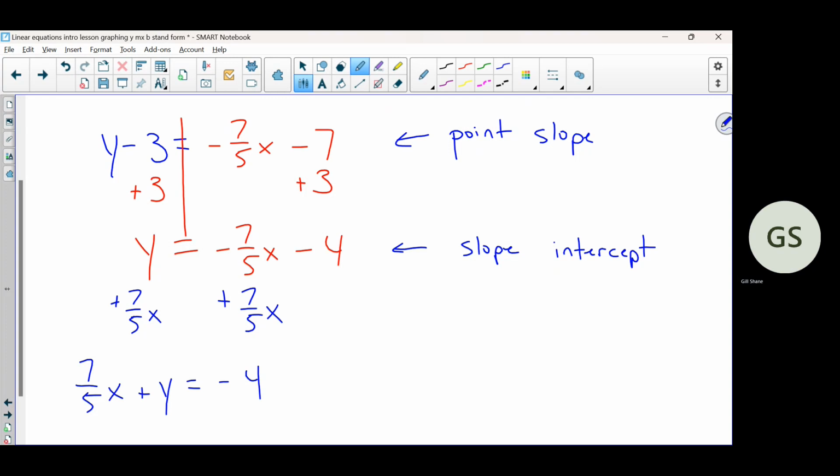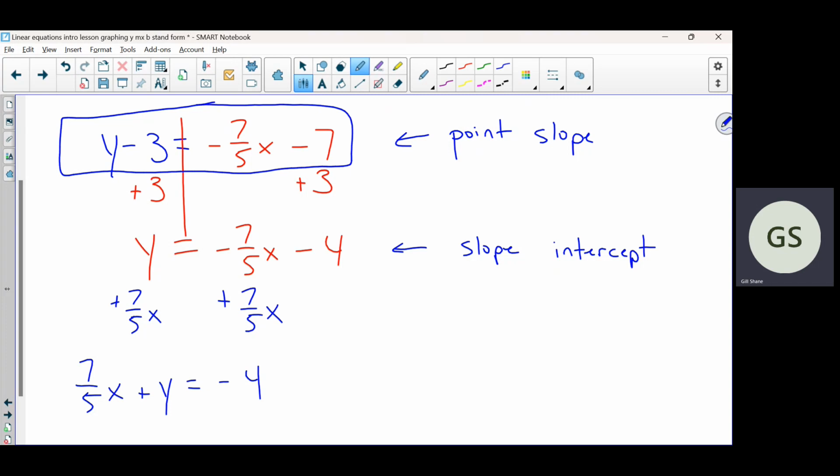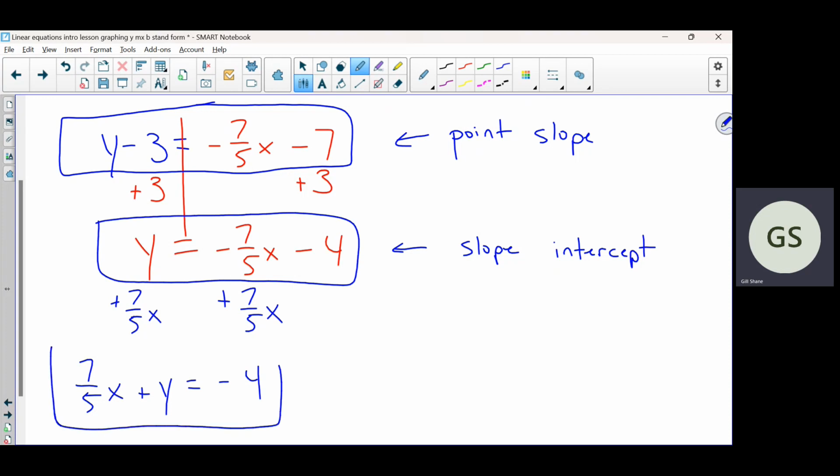That's point slope, that whole thing. This is slope intercept. And then this final one, although technically it's not, because that's not an integer, it's a fraction, but close enough, would be standard form. So you have all three of them.